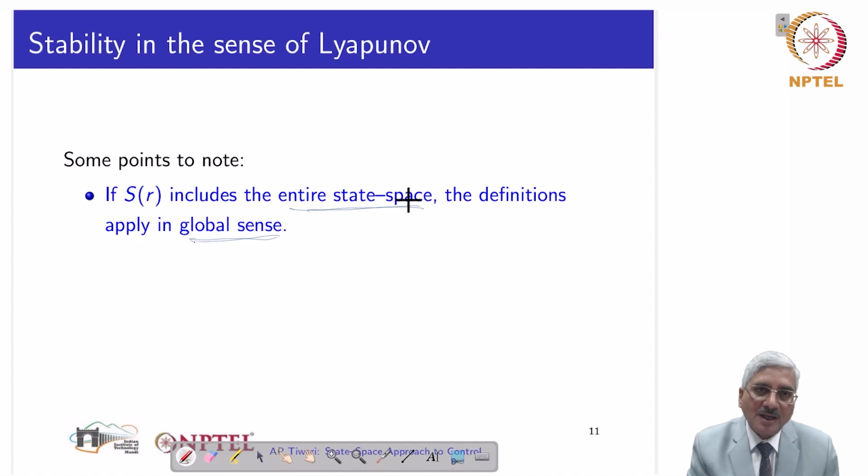So stable at large or asymptotically stable at large, these are in the global sense, if that S capital R is so large that it covers the entire state space.